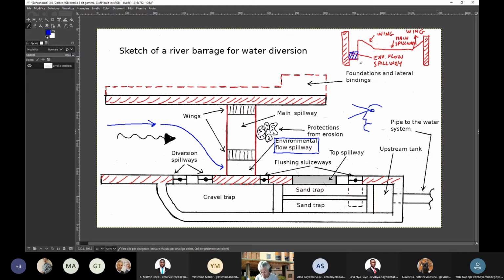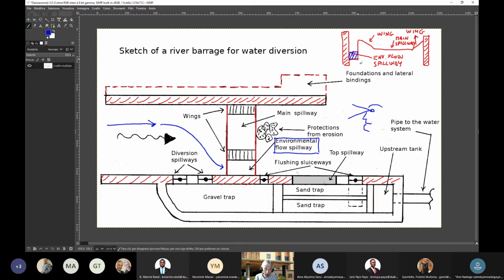You must make sure that in your structure there is a spillway that has priority over all the other spillways, and this is the environmental flow spillway. It also has priority over water diversion. Before diverting water, you have to release some flow from the environmental flow spillway. How much? It is dictated by local regulations.